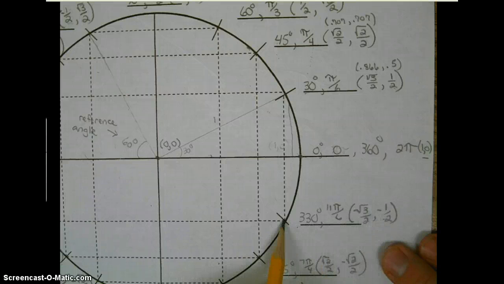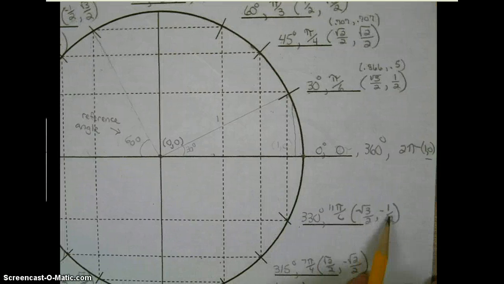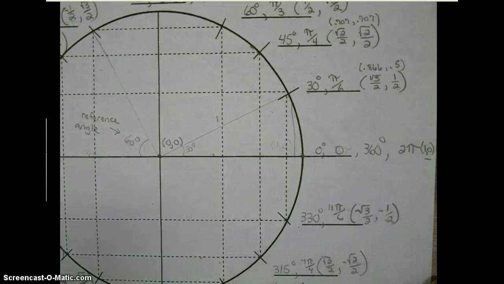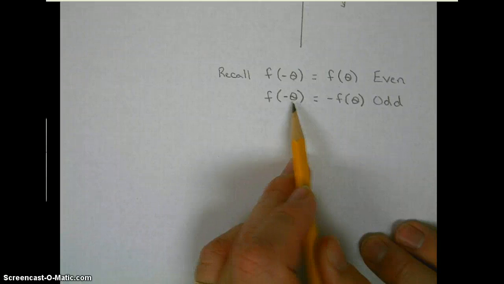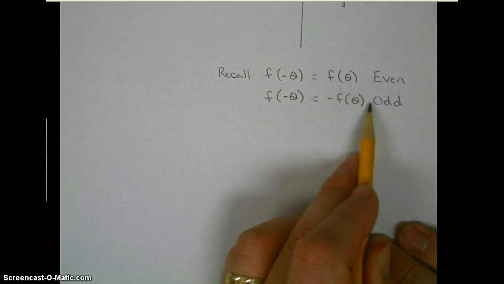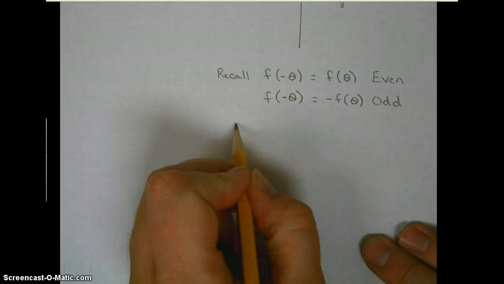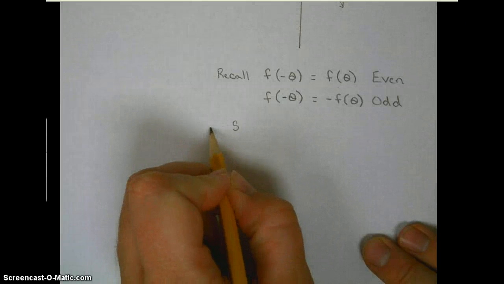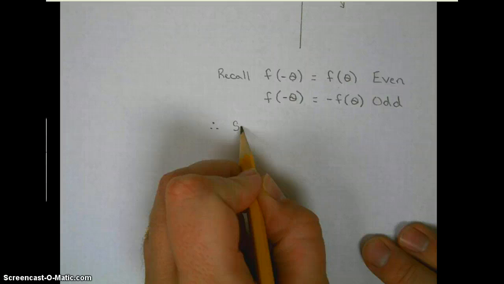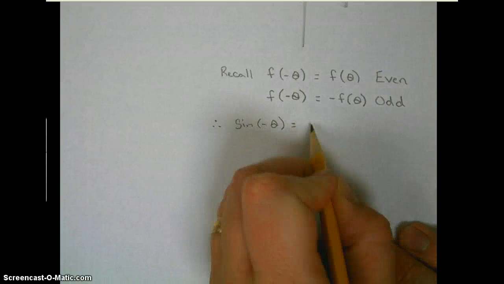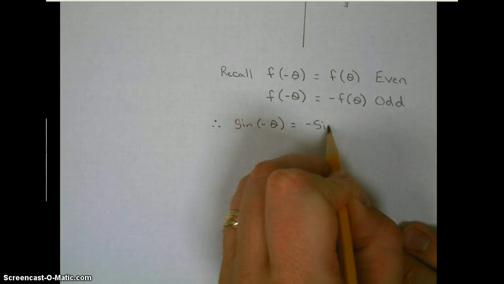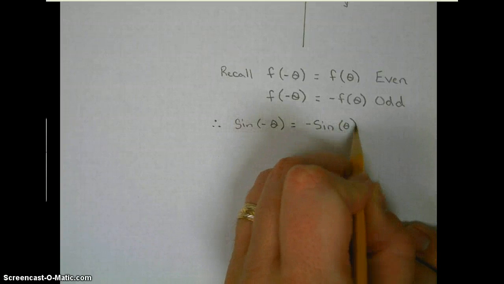So since if we input a negative theta into sine, we get a negative output, sine is an odd function. We inputted a negative and we got an output of a negative. Therefore, the sine of negative theta is equal to negative sine of theta.